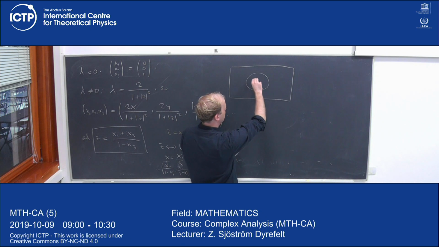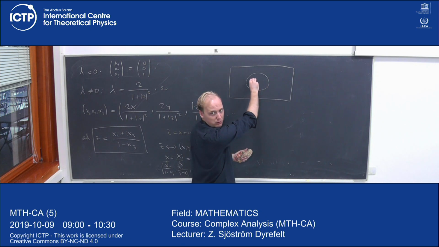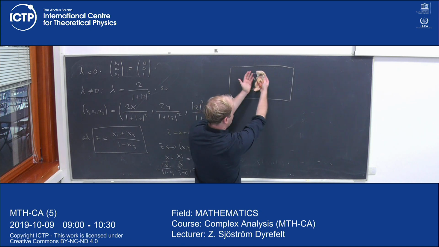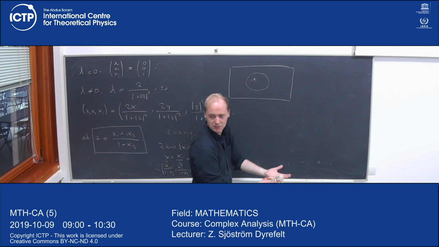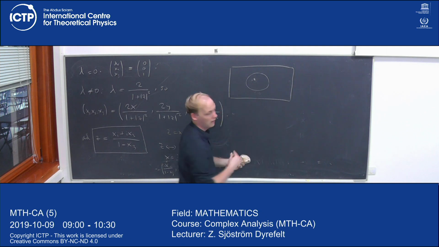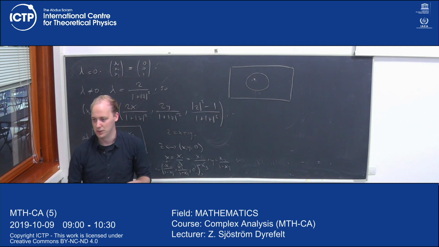So you take the line from here to the North Pole, and then you continue on the other side of the blackboard, right? And then you will exit the sphere on the other side, somewhere on the southern hemisphere. You will exit the sphere, and this is the point that you associate to Z inside the sphere. Yes, but this is different.